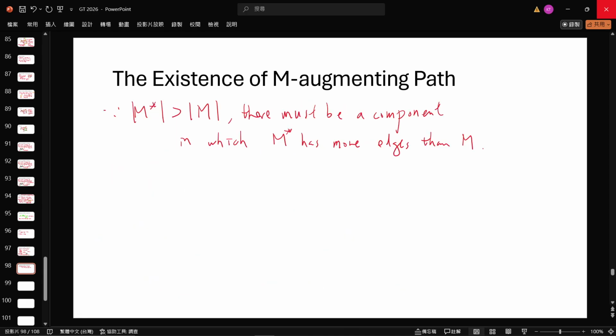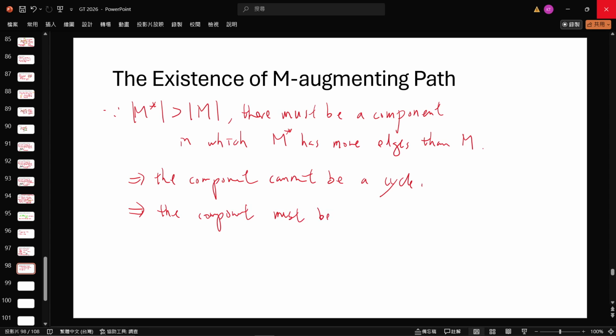So if there's one component in which M star has more edges than M, then the component cannot be a cycle, right? Because if it's a cycle, then M and M star have the same number of edges. So if it cannot be a cycle, then the component must be an M alternating path.